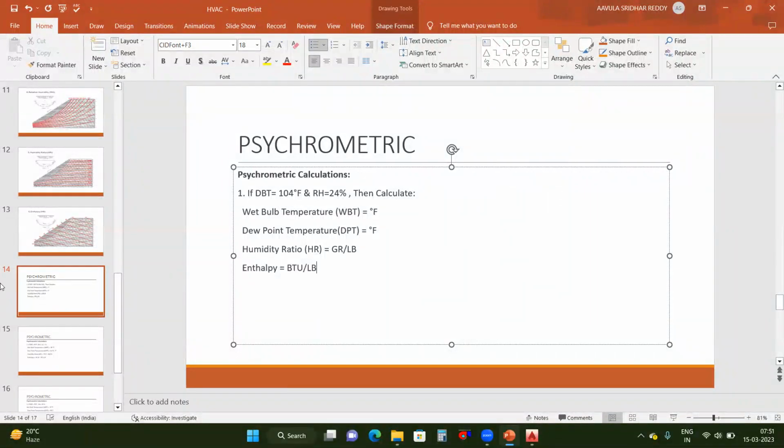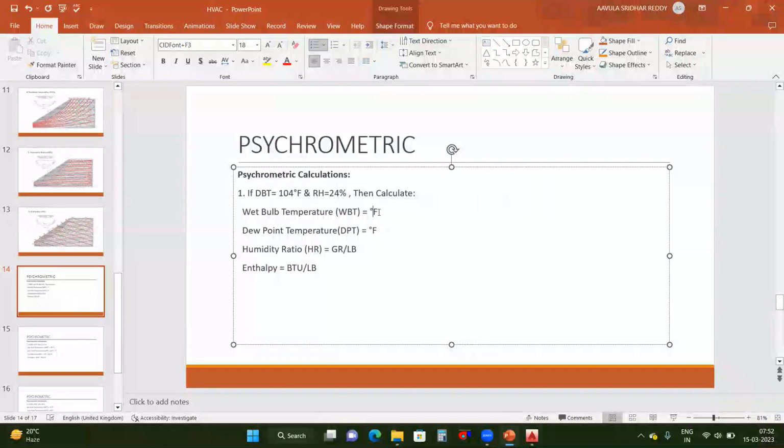So here we got a dry bulb temperature of 104 degree Fahrenheit and a relative humidity of 24. Also remember the units are important. We have taken dry bulb in degree Fahrenheit and humidity is always percentage. There will be no change.